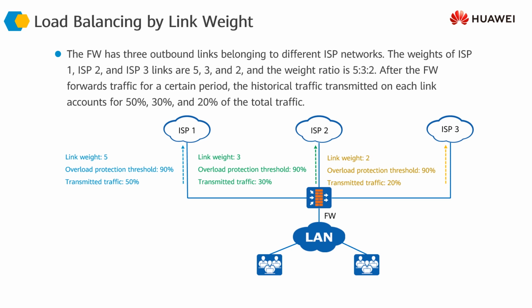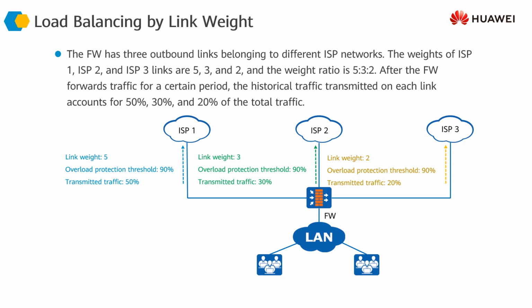Here we've assigned weights of 5, 3 and 2 to ISP links 1, 2 and 3, and based on these weights, when a sufficient amount of traffic has passed through these links, the traffic distribution is going to be 50% through link 1, 30% through link 2 and 20% through link 3.